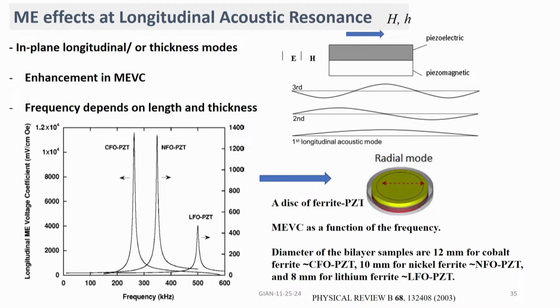But values on the left are for cobalt ferrite, on the right is nickel ferrite and lithium ferrite, but all of them show at resonance several thousand millivolts per centimeter Ørsted. So, compared to low frequency at resonance, you have very, very significant enhancement, and these are very useful when you put together different devices.